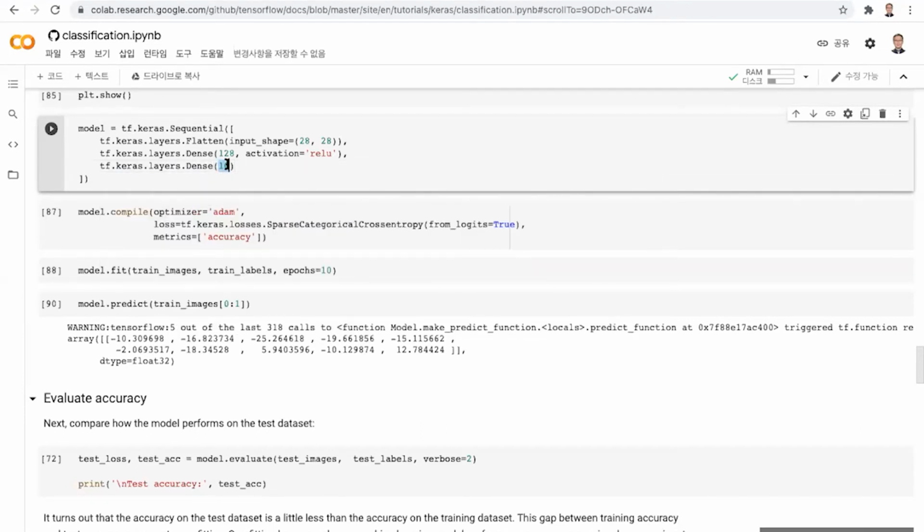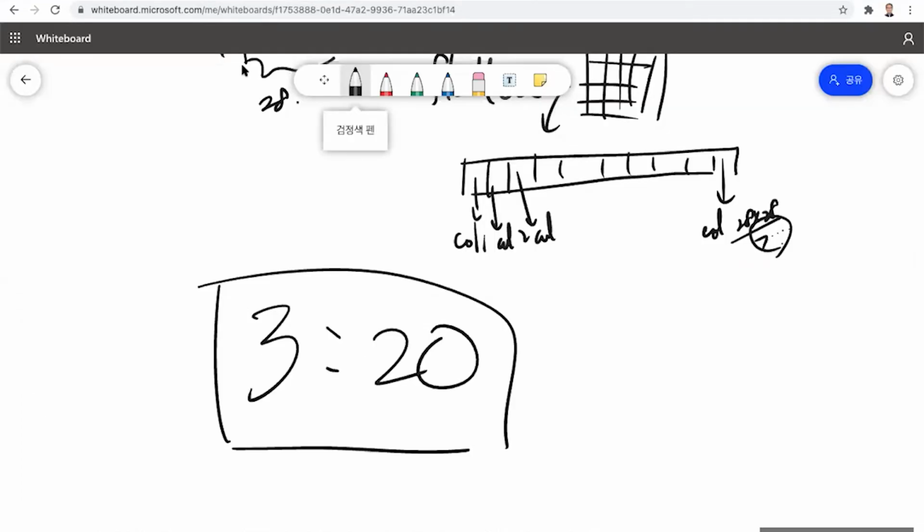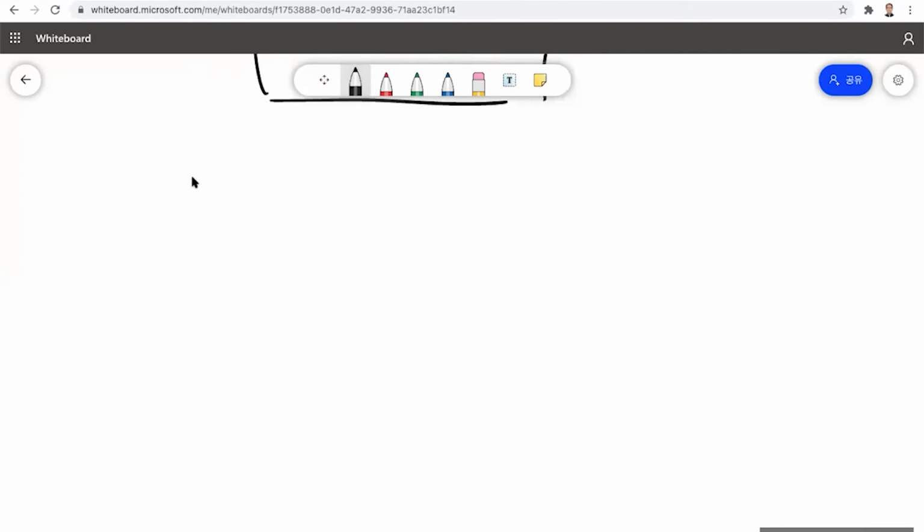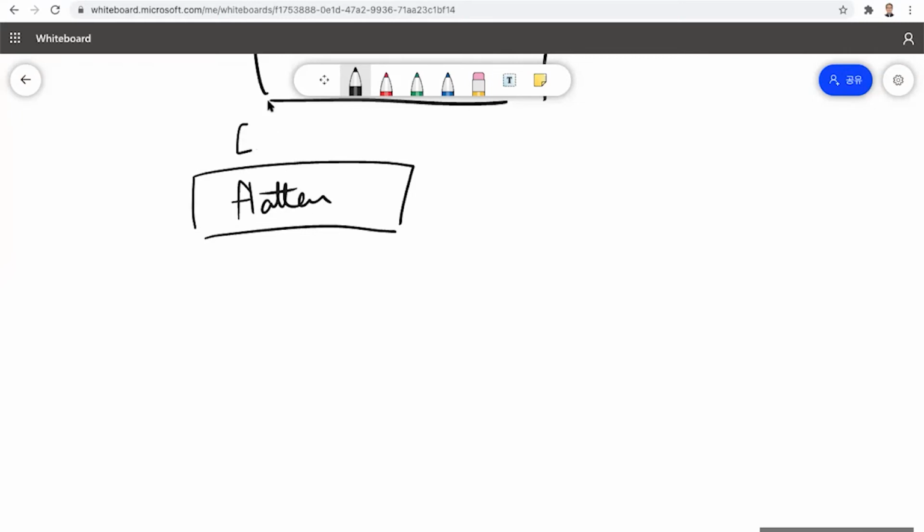And this 10 number... okay. So the first flatten layer takes a picture, 28 by 28, as an input.